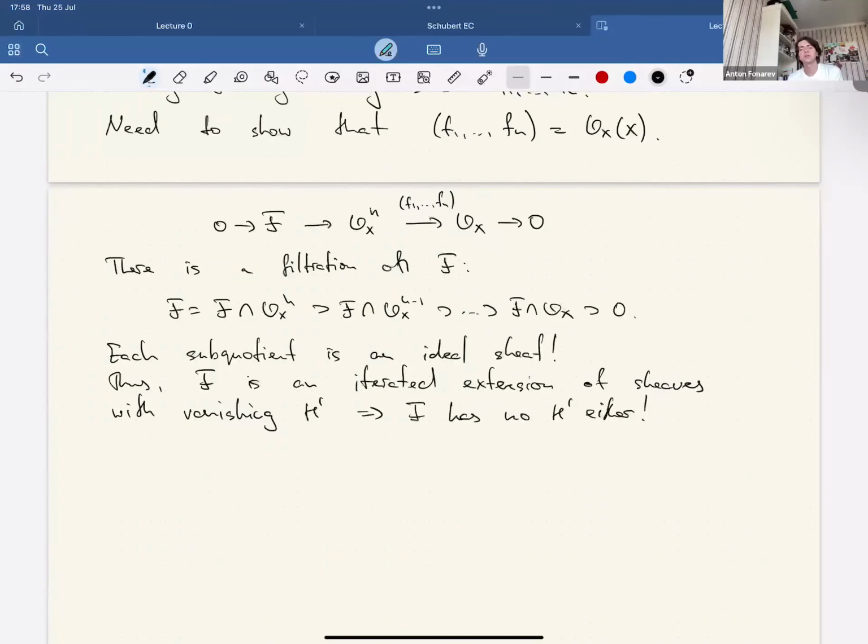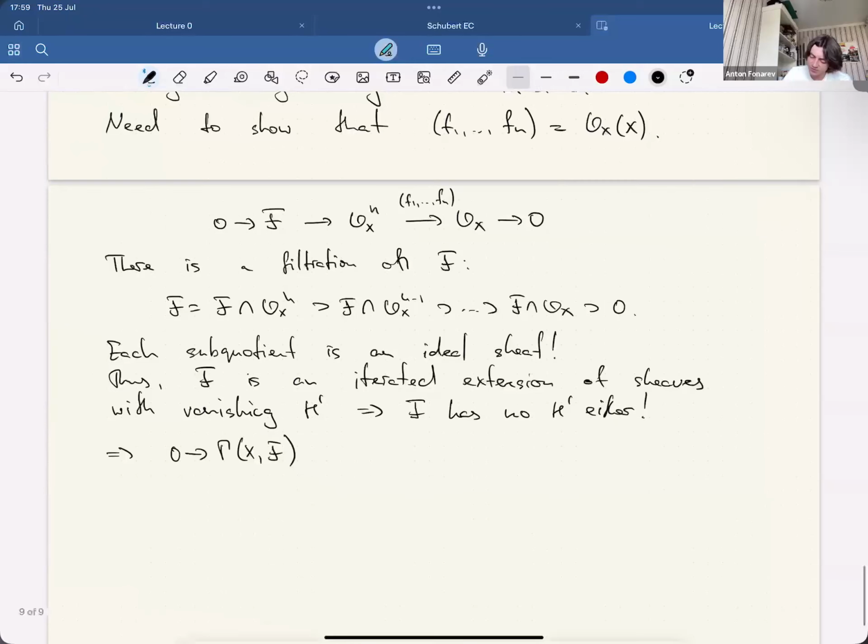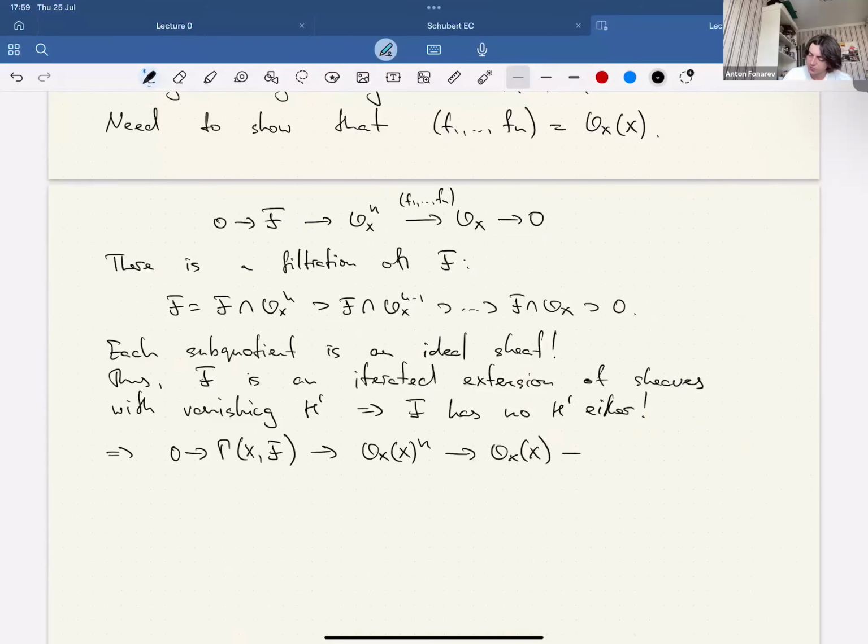So this is just a simple application of the long exact sequence again. But if F has no H1, this implies that we have a short exact sequence: 0 goes to Γ(X, F), goes to O_X(X)^n, goes to O_X(X), goes to 0, because here we must have H1.